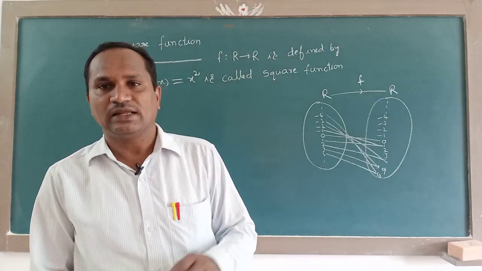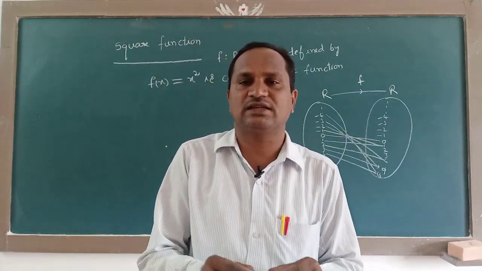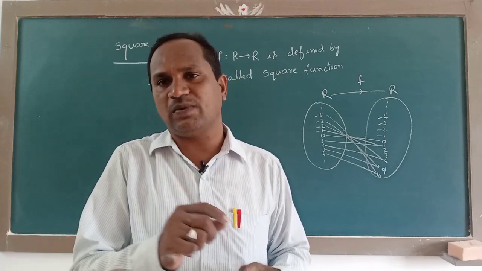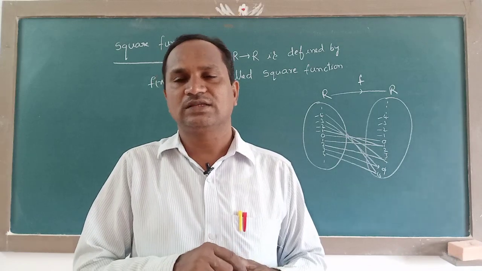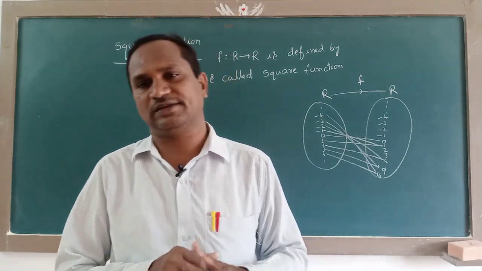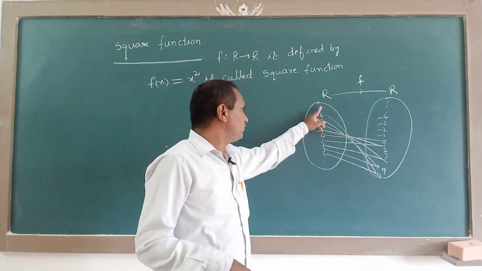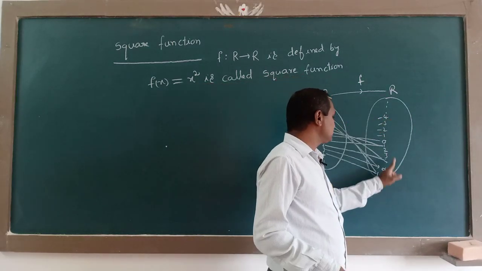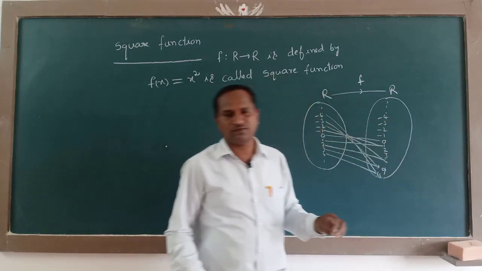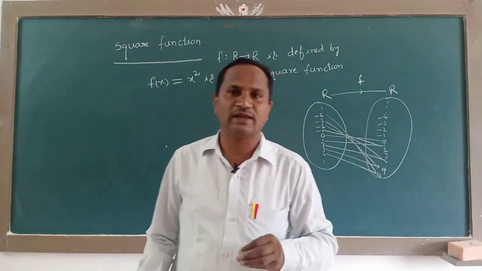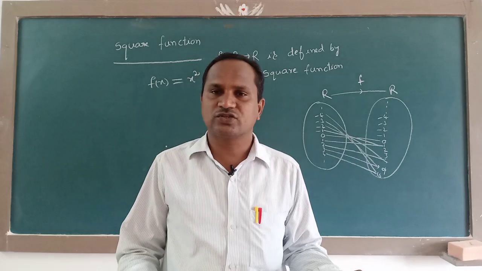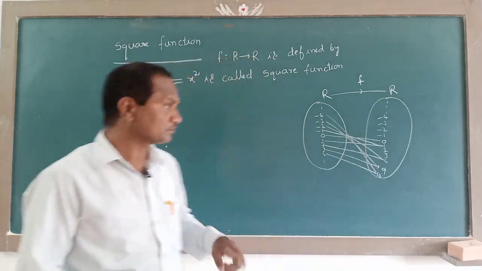That is R plus union the element 0 also. Range is the set of all non-negative real numbers.